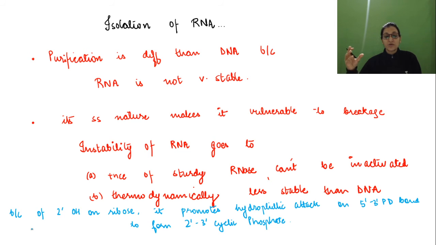To overcome this self-degradation, this biological decay of RNA, purified samples are stored at minus 20 degrees Celsius as ethanol precipitates. So storing it at a very low temperature can solve the problem to an extent.